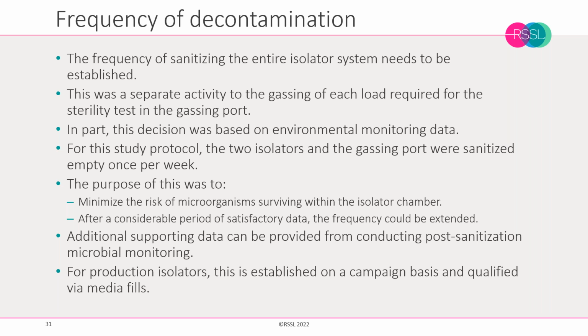Another factor can be things like glove integrity failures or suspect failures and the rate of those, because although most glove materials are resistant to hydrogen peroxide, repeat exposure to hydrogen peroxide will eventually weaken most glove materials.